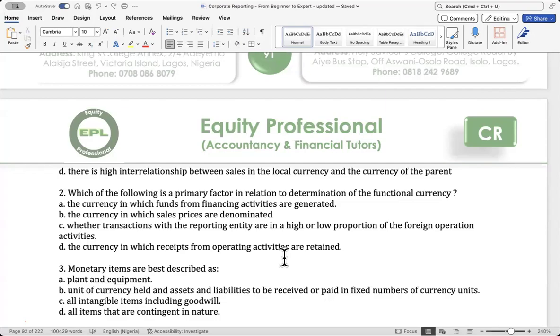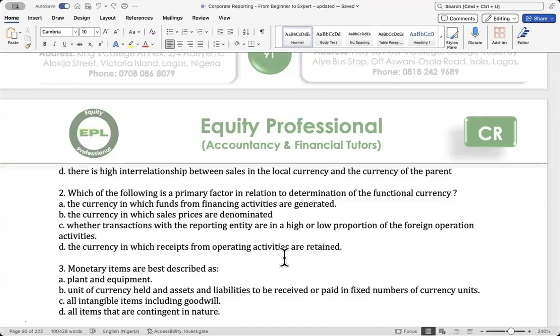Number one is the currency in which sales prices are denominated. It's B. When you were explaining, the primary factors had to do with sales, either the sales prices or the economic environments that affect the sales. So both of them are sales. So it's B. Yeah, that's correct.